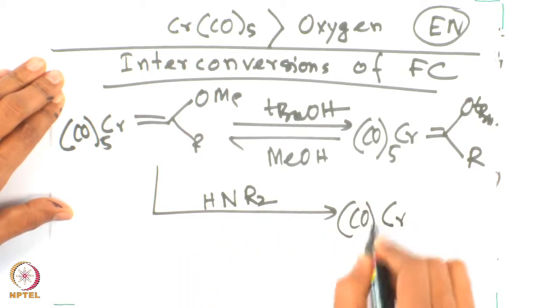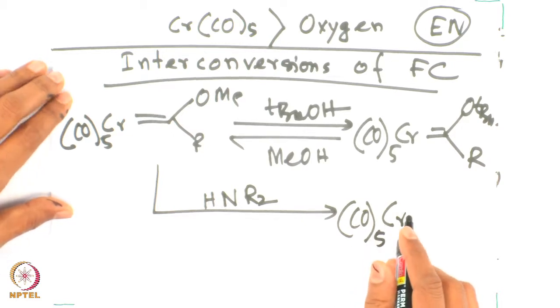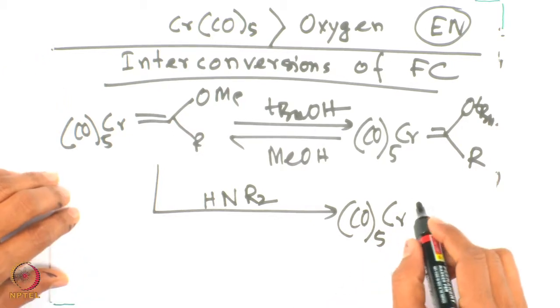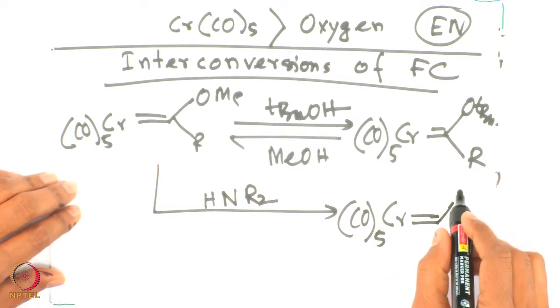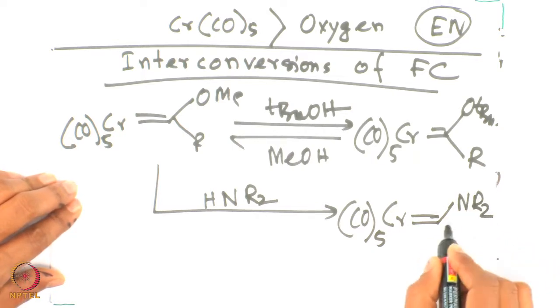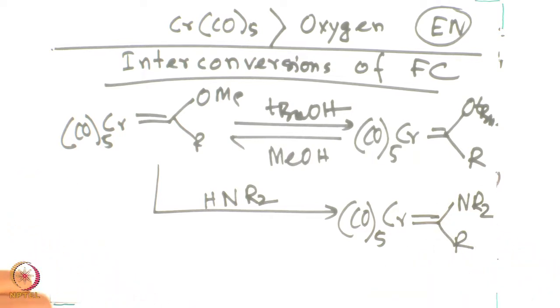So, you can interconvert or you can exchange alkoxide with amine unit or alcohol with an amine counterpart, right. Having said that, that sets up the right platform to do a number of interconversions. That tells you that if you have one Fischer carbene, from there on you can synthesize plenty of other Fischer carbenes just by simply exchanging the different alcohol or different other amine.